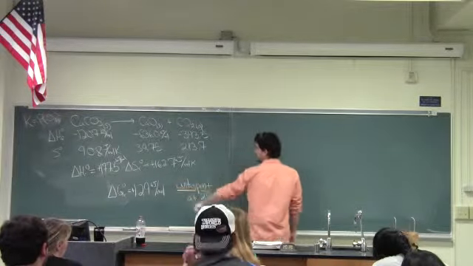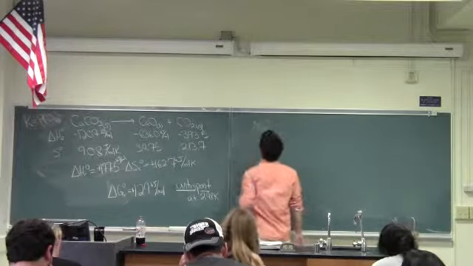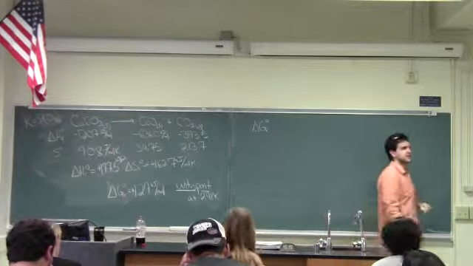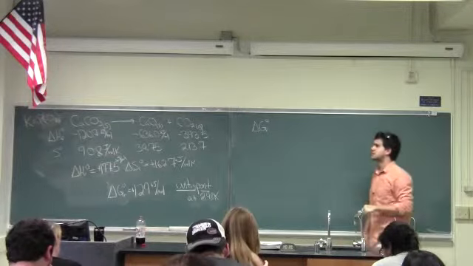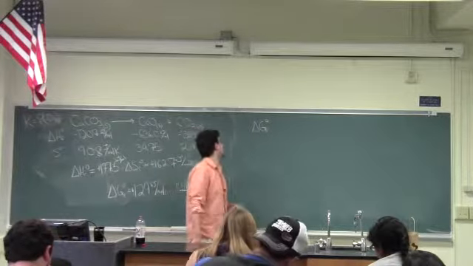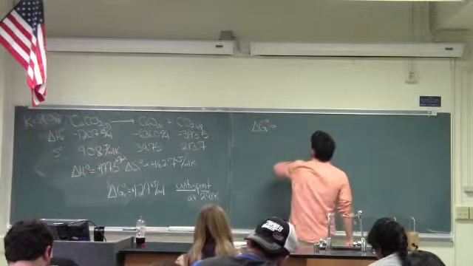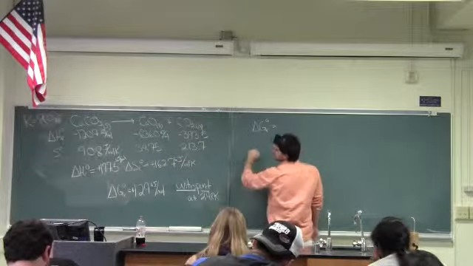Okay, so I know I've got standard state Gibbs free energy of this reaction. I don't care about temperature. This is at 298 K, but there is no standard state temperature. So this Gibbs free energy is equal to 129 kilojoules per mole.